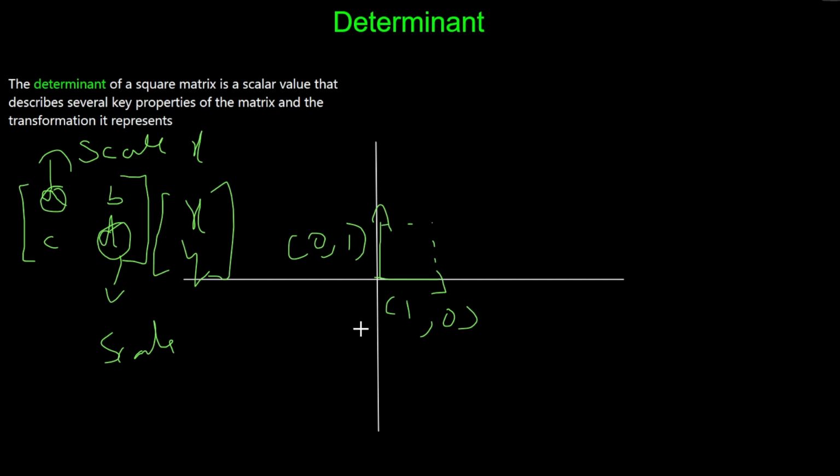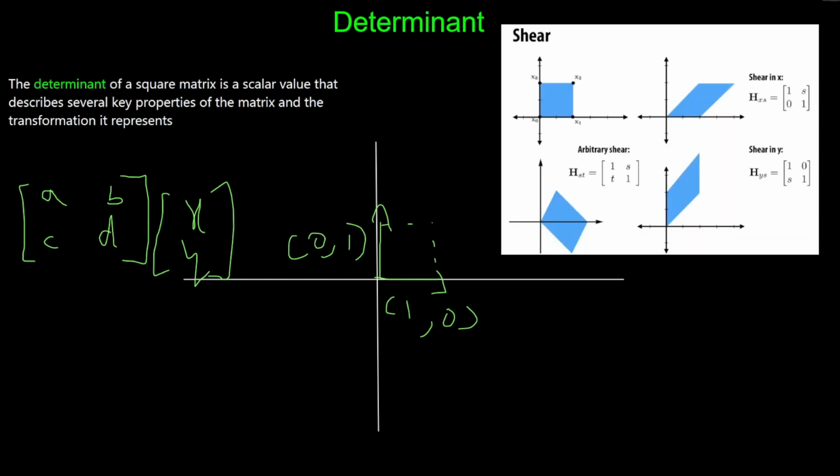Let's understand shear more with a visual example. Let me use this diagram to represent it. Yes, here we have it. Shear on X represents the shearing along X. Here we can see the normal square which we formed.